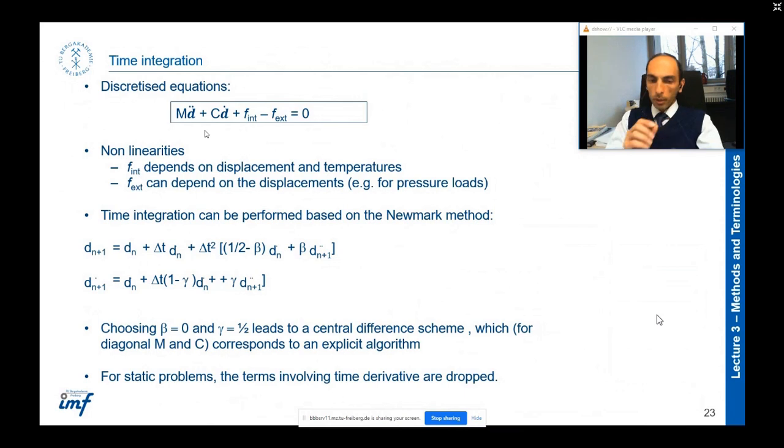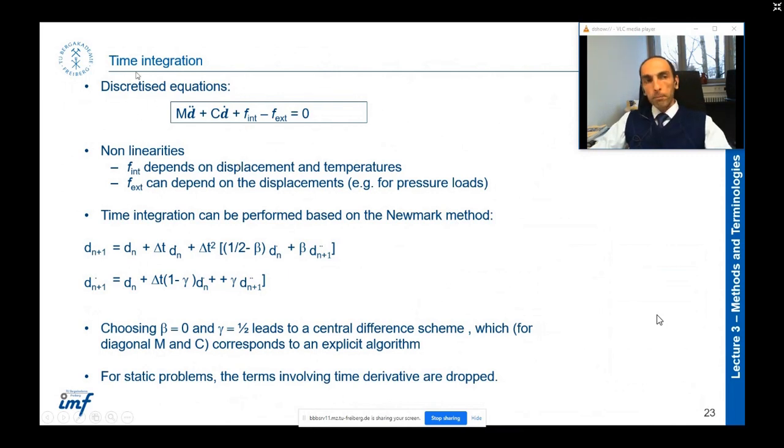Then, for example, 1 second or 0.1 second, and then you should repeat the calculation for all nodes at each time step. This is the concept of time discretization.